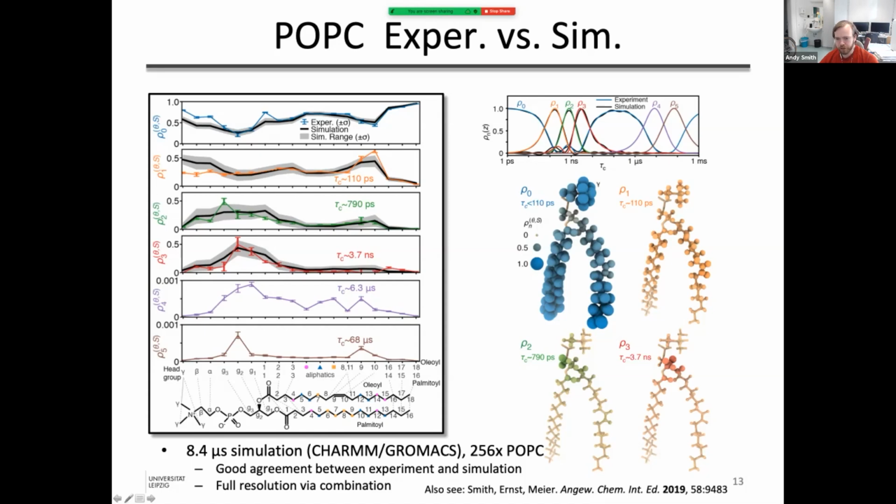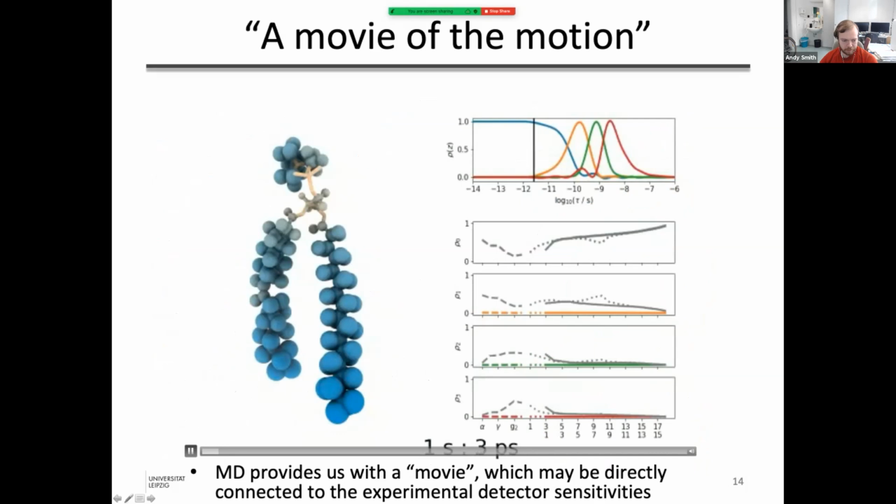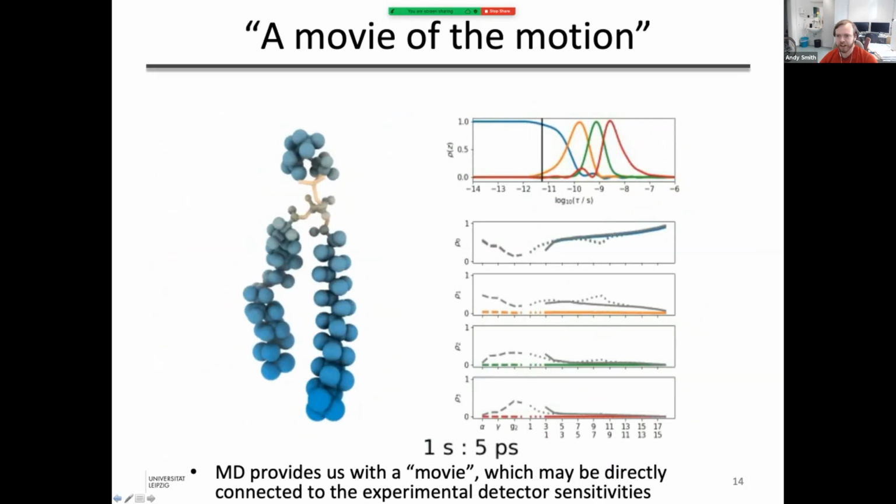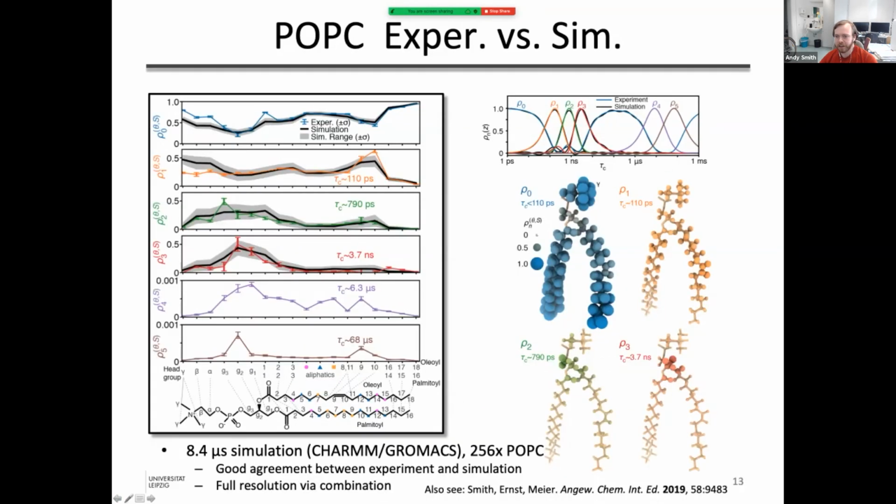So a lot of this motion is basically less than 100 picoseconds. I guess I should take a step back, by the way. You get motion at 100 picoseconds, 800 picoseconds, 4 nanoseconds, and then also here in the microsecond range. You've got this sort of weird detector rho 0, which catches everything else.